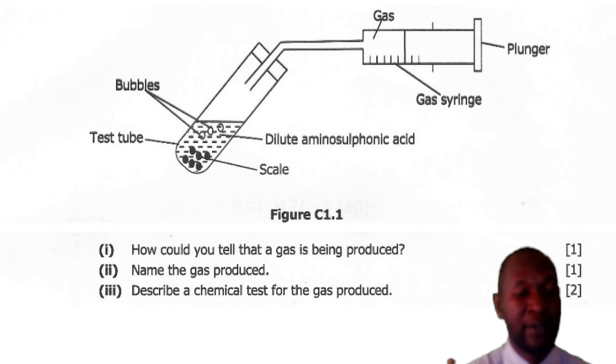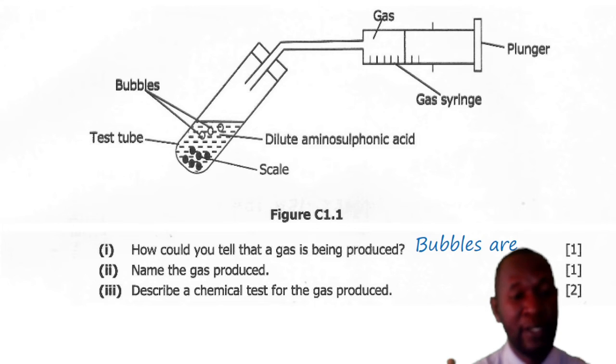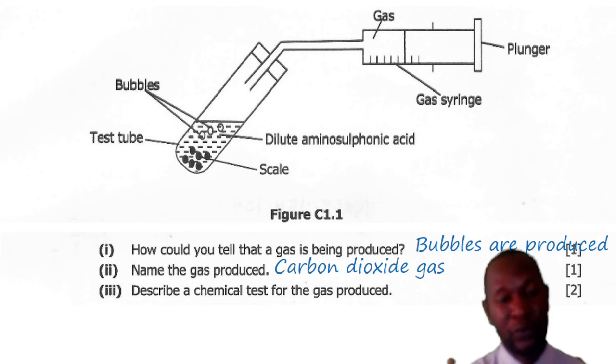Part 1. How could you tell that a gas is being produced? We can tell that a gas is being produced from the bubbles which are produced. Part 2. Name the gas produced. The gas produced is carbon dioxide, because here we are reacting a carbonate with an acid.